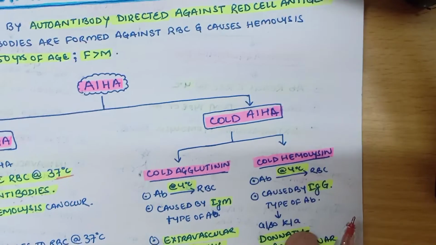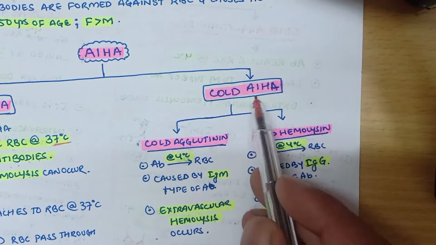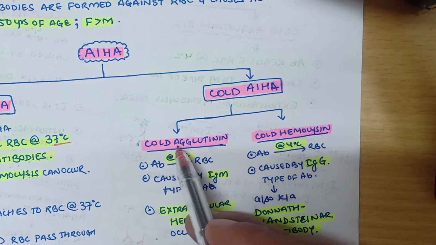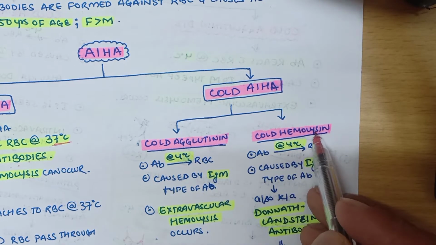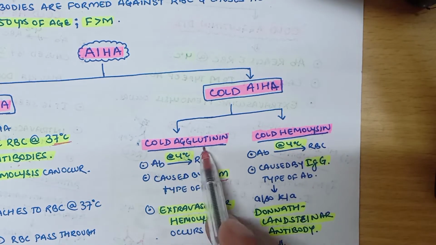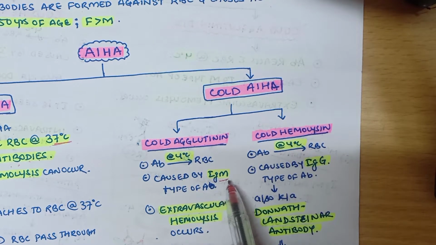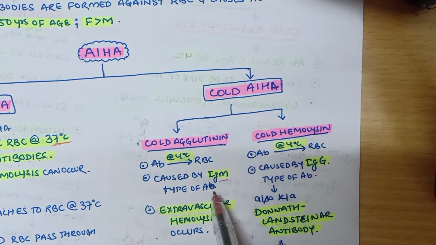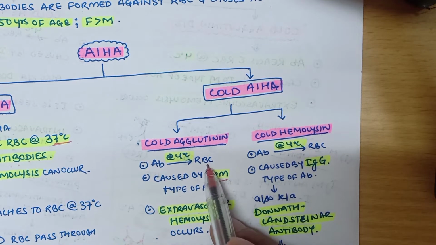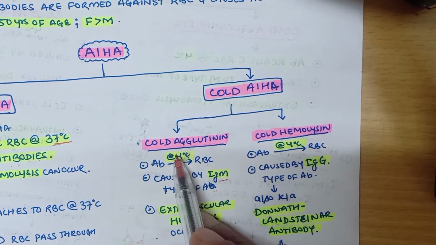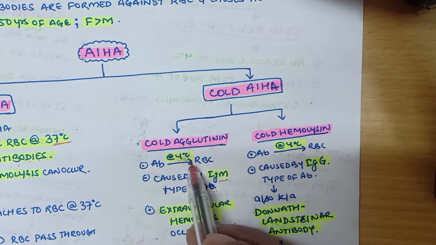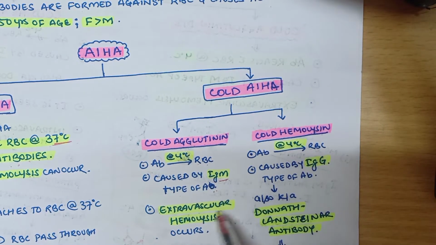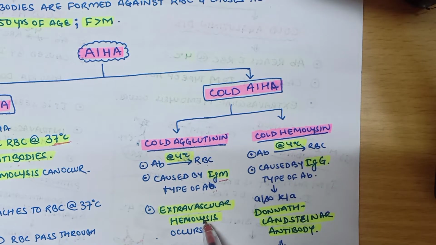Now coming to cold autoimmune hemolytic anemia. It is of two types: cold agglutinin and cold hemolysin. Cold agglutinin is caused by IgM type of antibody, and this antibody reacts with RBC at 4 degrees centigrade, and this will lead to extravascular hemolysis.